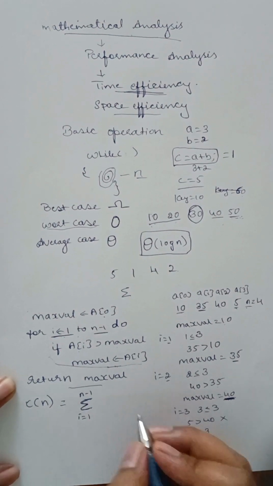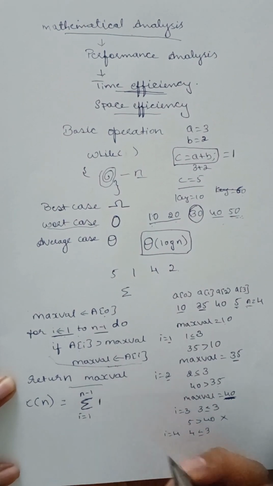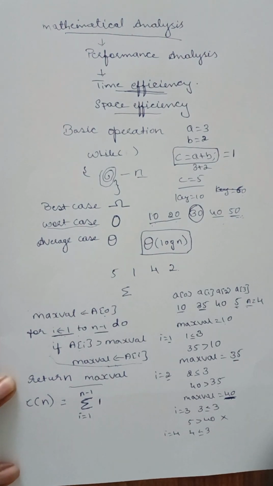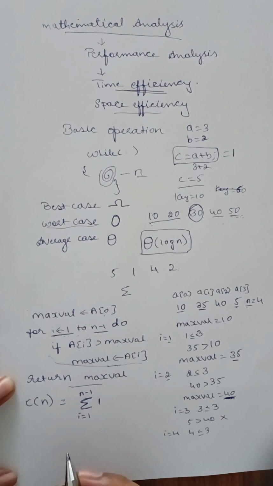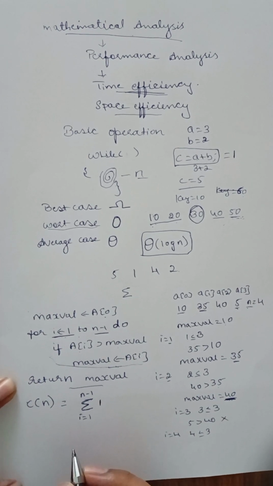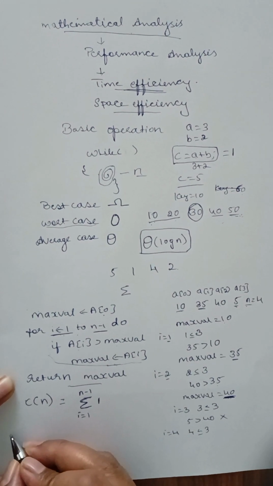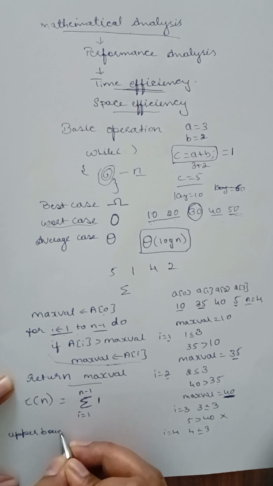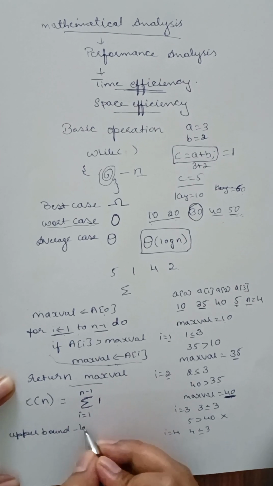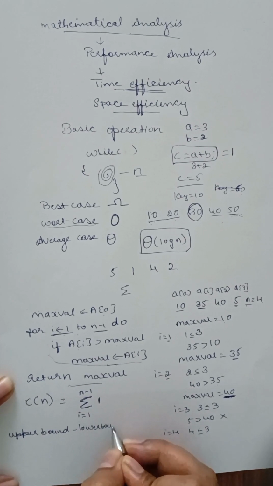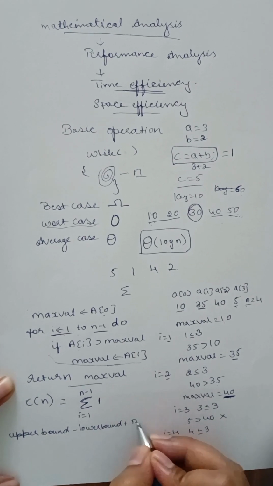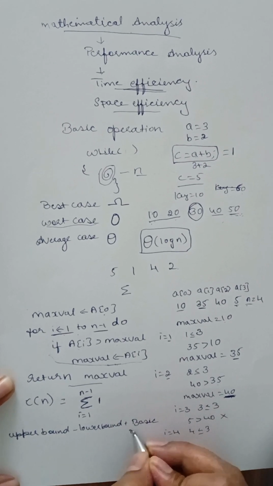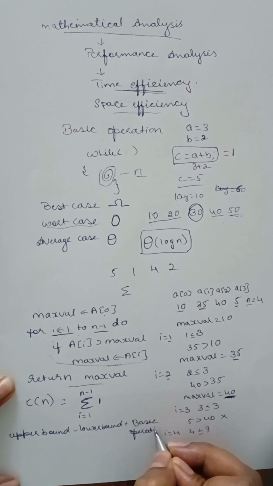And you have to write the basic operation. I have told you, in non-recursive algorithms, it is always equal to 1. So here, to find the mathematical analysis, we have a formula: upper bound minus lower bound plus basic operation.